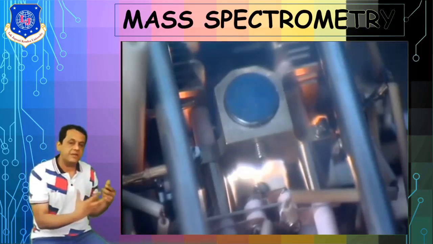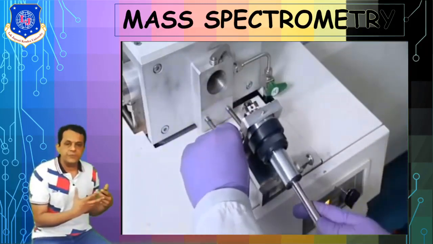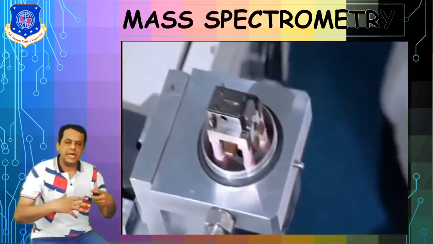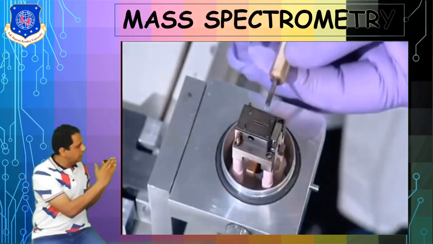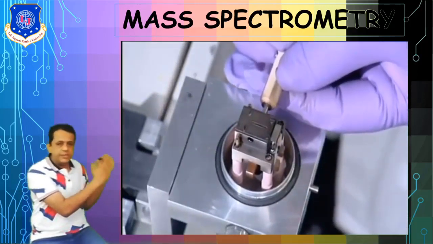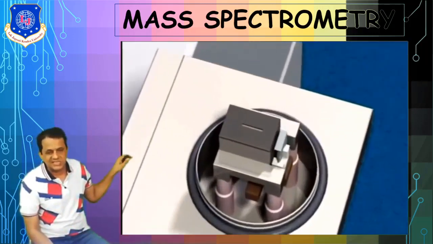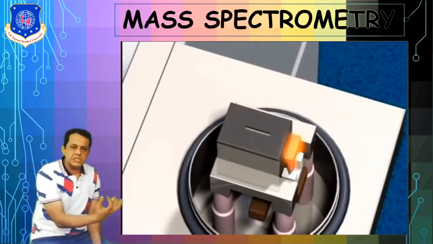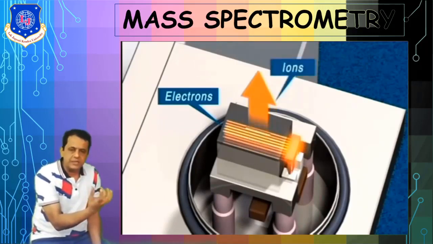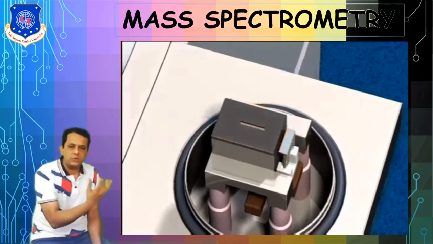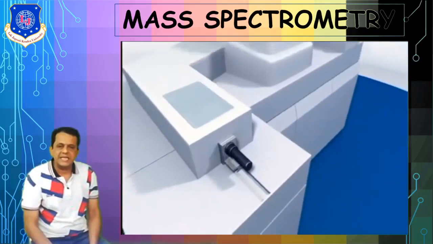Those sample ions are converted into gaseous ion format, and then the analyzer comes into the picture. Some animated idea will be shown to you with this. See how it is actually working. This will ionize the sample in the gaseous form, and it will be inserted into the analyzer.